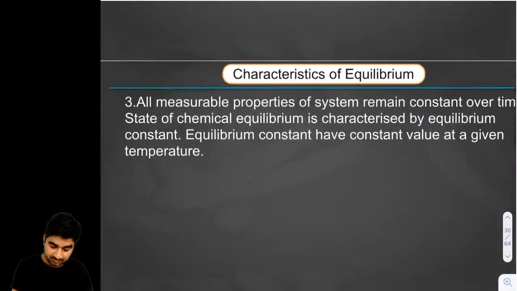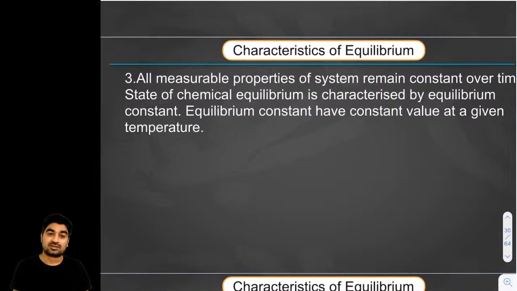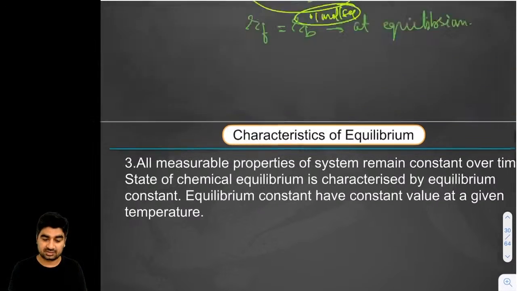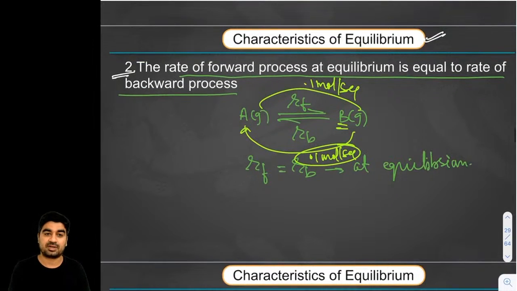So guys, third point. What are the characteristics I'm teaching? There are two characteristics we have already done. One is that it is dynamic in nature, not static. The second is that the rate of forward reaction becomes equal to backward.